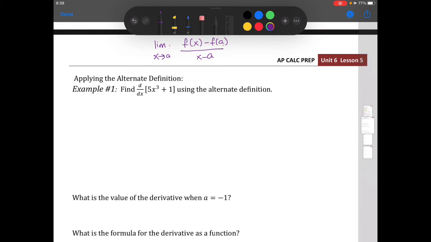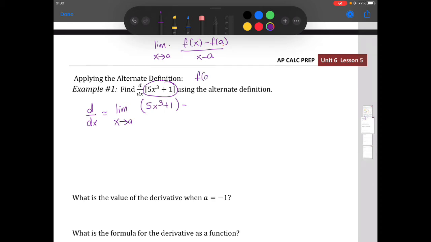It says find the derivative of f of x equals 5x cubed plus 1 using the alternate definition. So what I'm going to do is d over dx equals the limit as x approaches a. What did we say? It's f of x. So f of x is this whole thing, 5x cubed plus 1, and I'll write it in parentheses, minus.